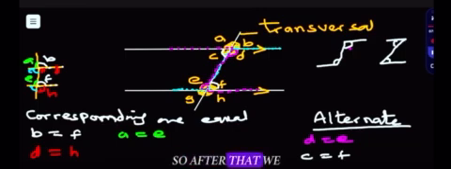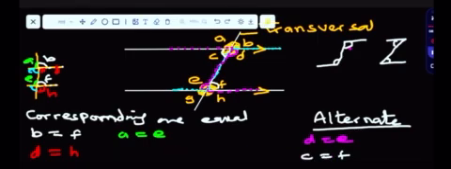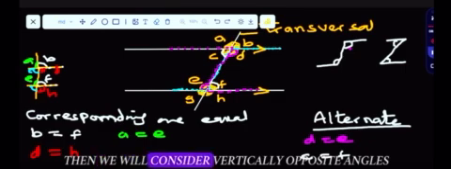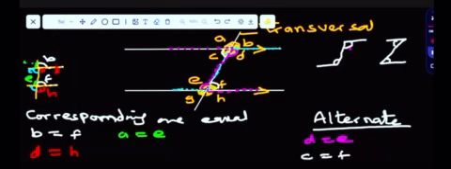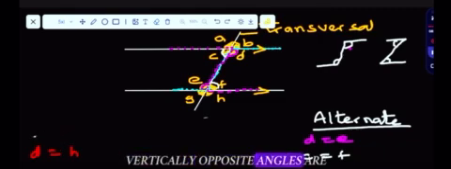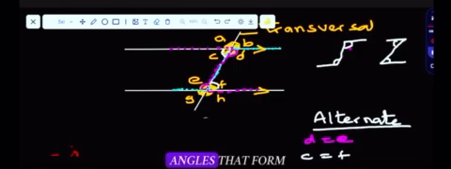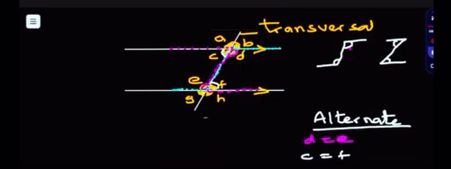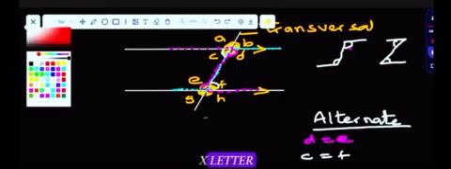After that, we shall talk about another one: vertically opposite angles. Vertically opposite angles are angles that form X letters.